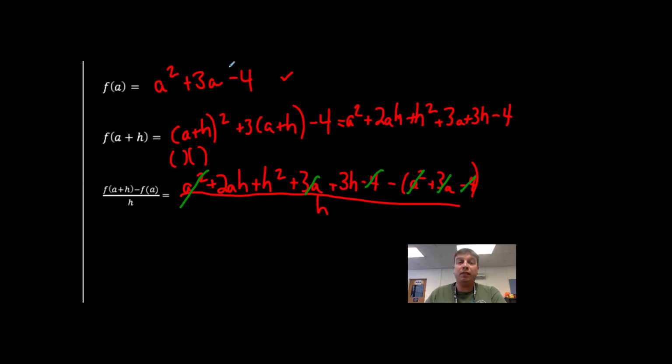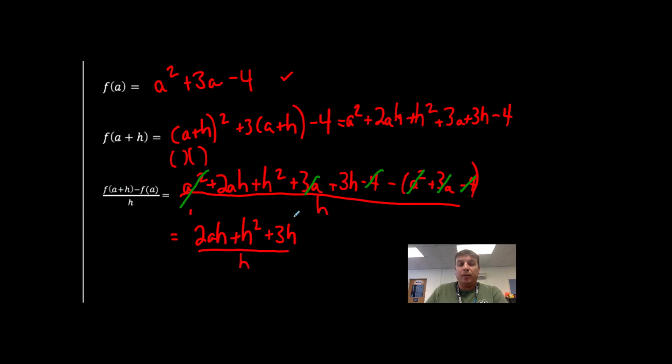So the only stuff that I have left would be what has not been crossed out. I've got a 2ah, I've got an h squared, and I've got a plus 3h, and everything else is gone. So I'll write it like this for now: 2ah plus h squared plus 3h, all divided by h.